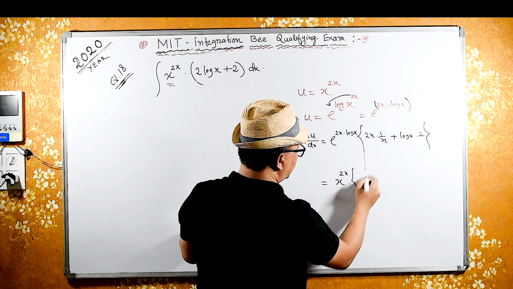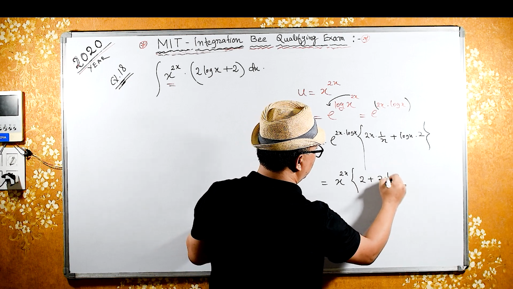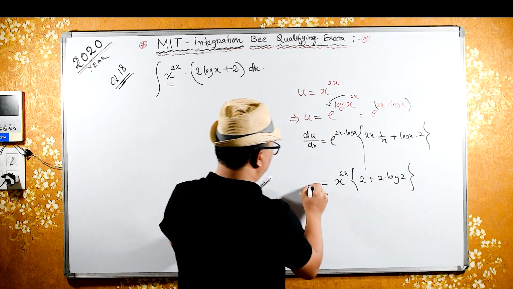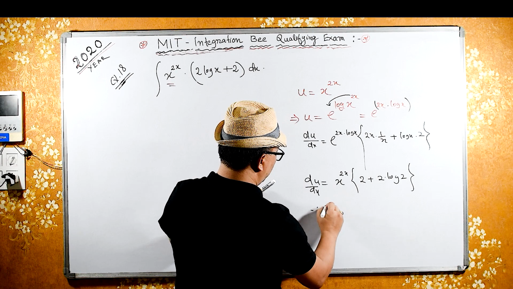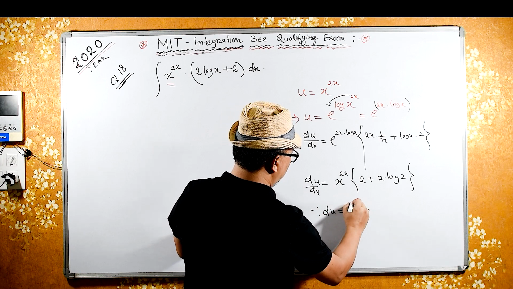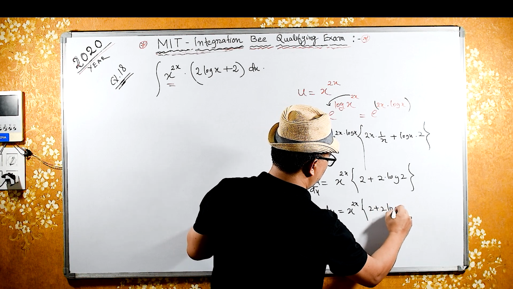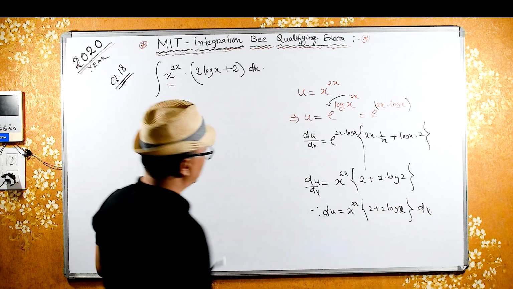Now x can cancel, you have 2 plus 2 into log x. This is du by dx. Therefore du equals x raised to 2x into 2 plus 2 log x into dx.